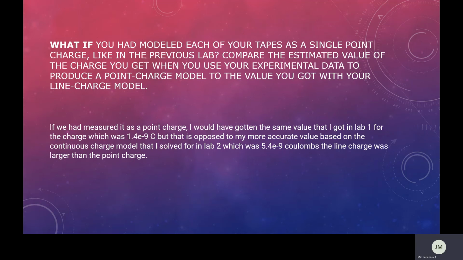If we were to measure it as a point charge, I would have probably gotten the same value that I got in Lab 1. For Lab 1, the charge was 1.4 times 10 to the negative 9 coulombs, as opposed to the more accurate value based on the continuous charge model for Lab 2, which was 5.4 times 10 to the negative 9 coulombs. This is because the line charge was larger than the point charge.